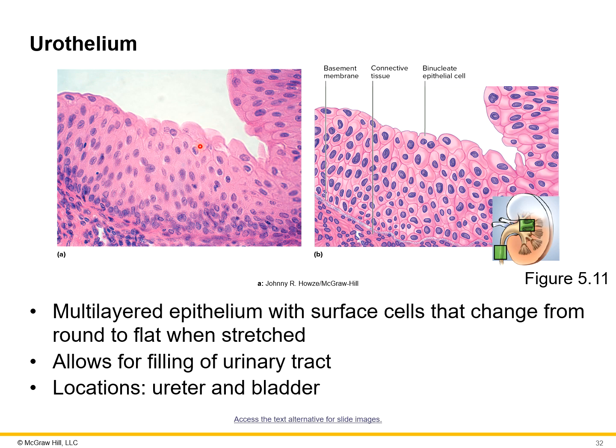That round portion at the free surface is what's going to tell you that it is urothelium or transitional epithelium. And that ability to stretch and be squished is going to allow for filling of the urinary tract. We're also going to find this extended up into the ureters.